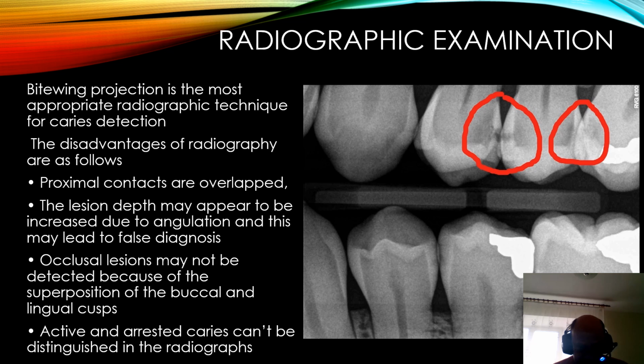The lesion depth may appear to be increased due to angulation, and this may lead to false diagnosis. Occlusal lesions may not be detected because of the superposition of the buccal and lingual cusps. Active and arrested caries cannot be distinguished in the radiographs.